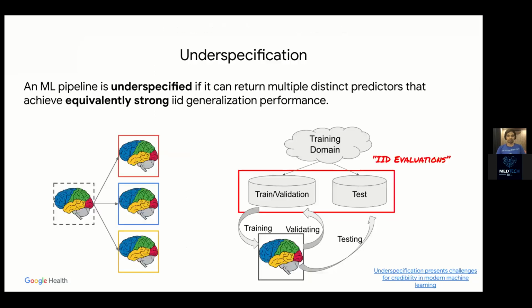And so what do we mean by underspecification? It's basically that if you have a machine learning pipeline which returns multiple models or predictors, as I maybe call them in this slide, we say that your machine learning pipeline or workflow is underspecified if it can return back to you multiple distinct models that achieve the same IID evaluation performance, as in they perform equivalently on the test set that you have access to.